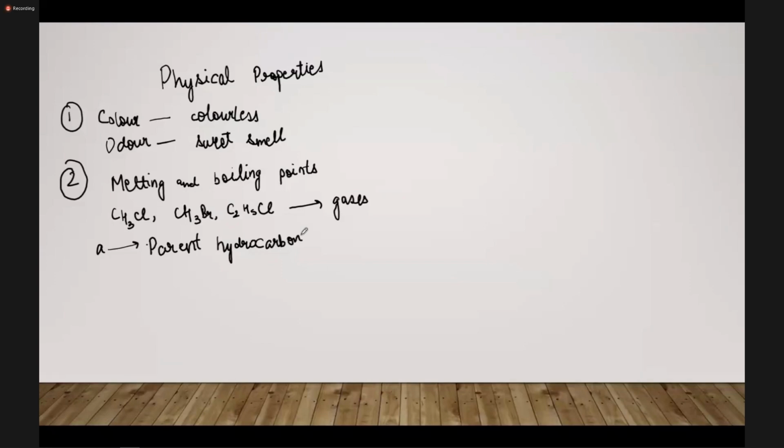Because of these two things, the intermolecular forces of attraction are stronger in the alkyl halides. When there is more polarity and more molecular mass, the forces of attraction are also more.